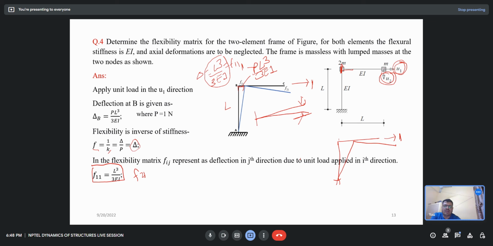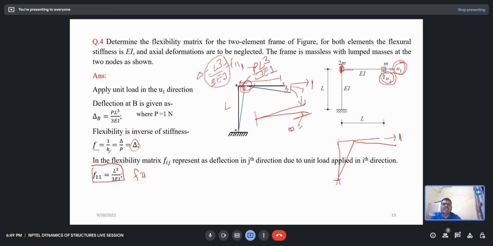What will be the theta, this theta due to this load P1? That theta multiplied with this length gives me the displacement. Understood? Whatever the rotation at this point is, if I multiply it with this length, that gives me the displacement of this point.